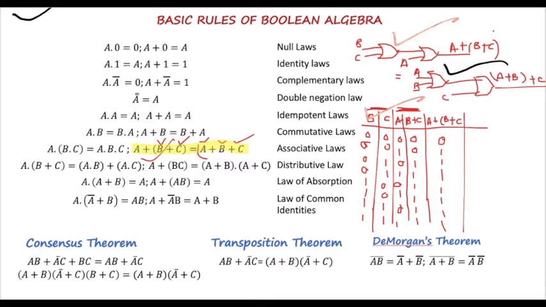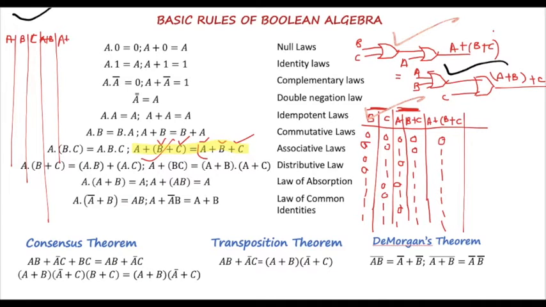Now the truth table is A, B, C, A plus B, A plus B plus C. Actually, this A and B gives this also.